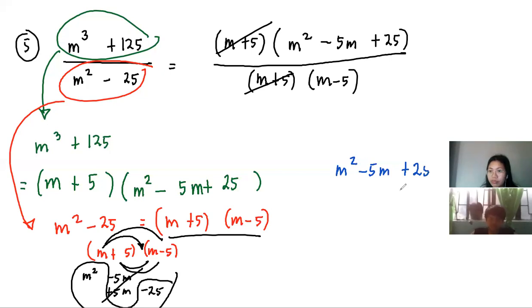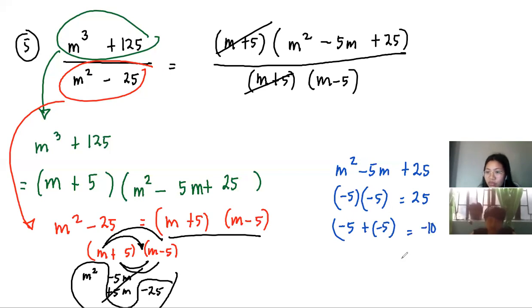Okay? Tingnan natin. Ang 25, negative 5 times negative 5 will give you positive 25. Diba? Pero kapag nag-add tayo ng negative 5 plus negative 5, the answer is negative 10. So, tama ba yun? Cannot be.